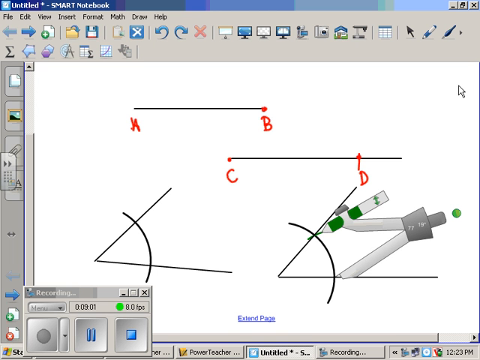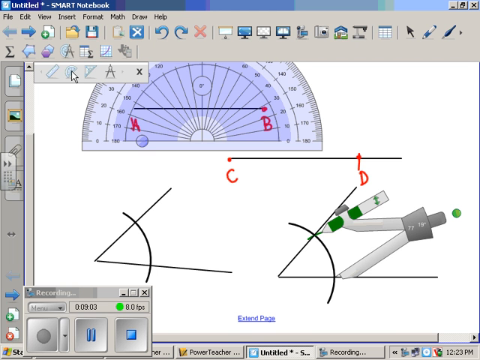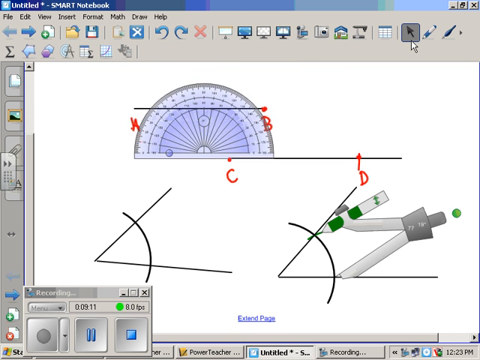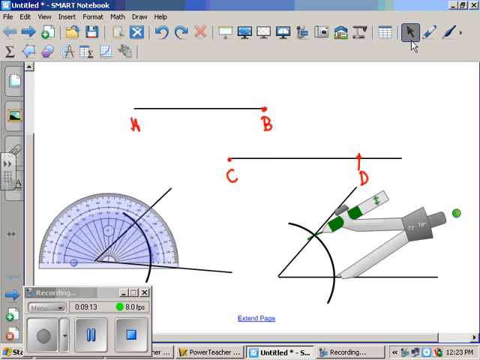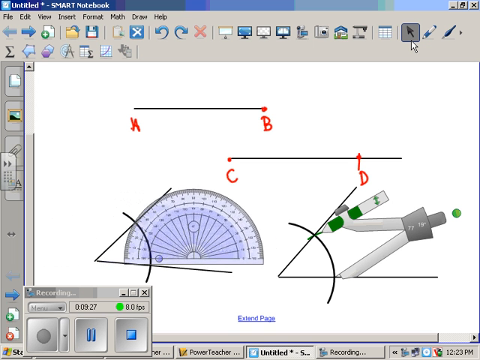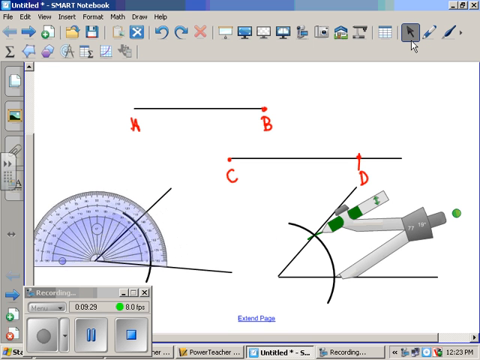And then I can measure it with a protractor. This one is right at the angle, about 10, 20, 30, 43, 44. It's kind of a thick line. About 43, 44. Right?